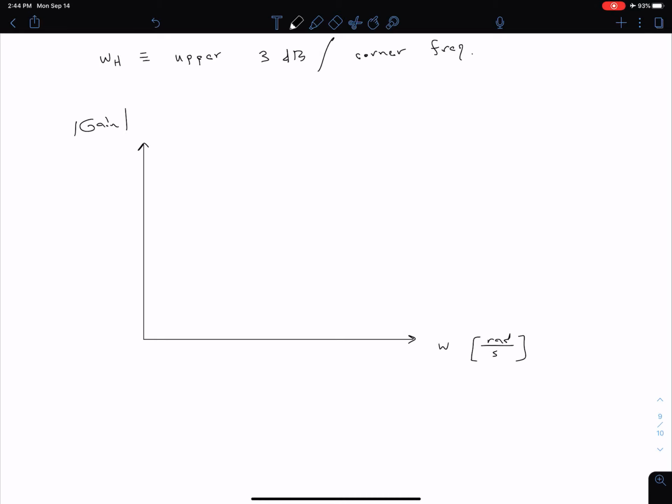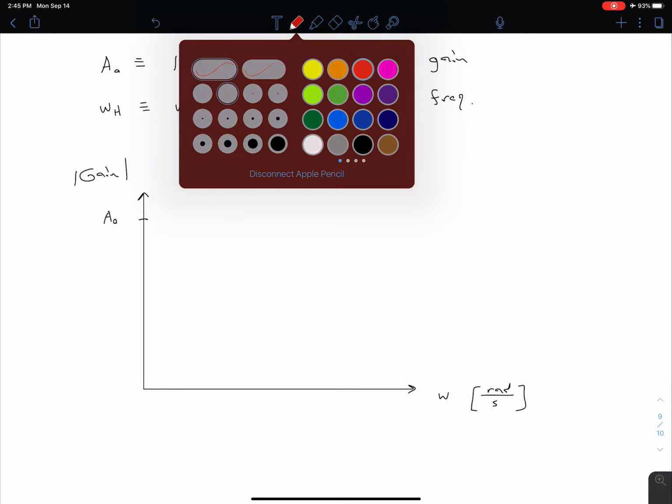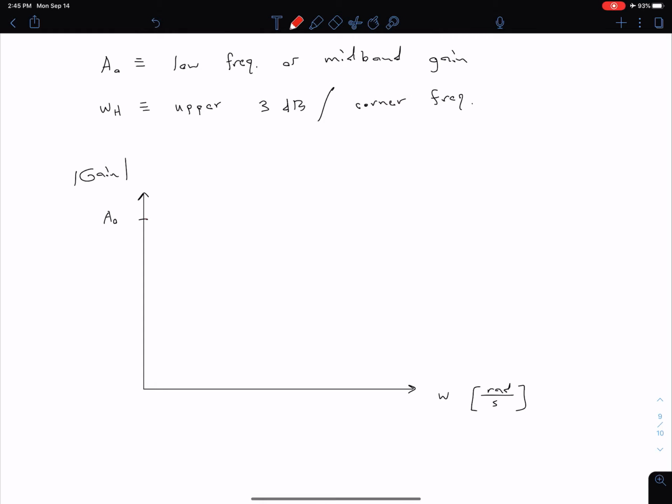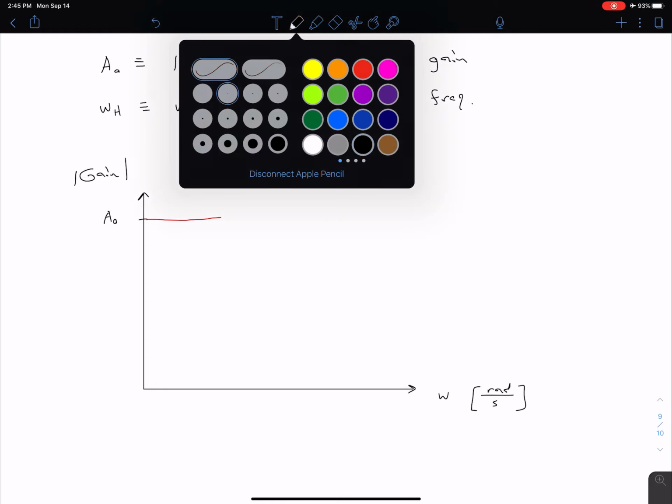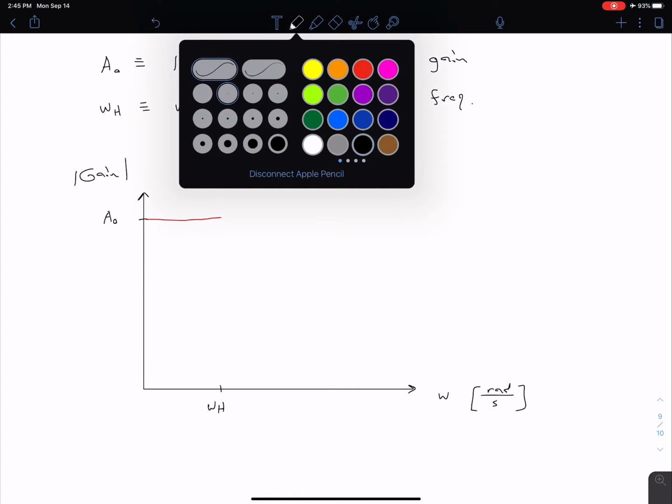For this open loop configuration, we're starting out up here with an open loop gain of A naught, our low frequency or mid-band gain. We maintain that until we get to some corner frequency. From our Bode plot approximation, after this point, omega H, we're going to be decreasing at negative 20 dB per decade.